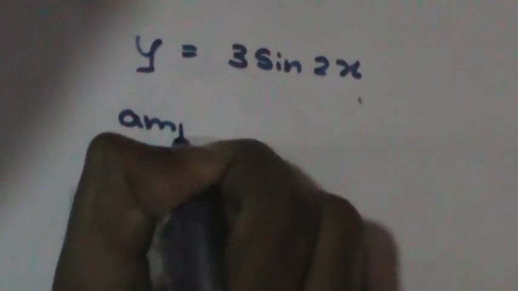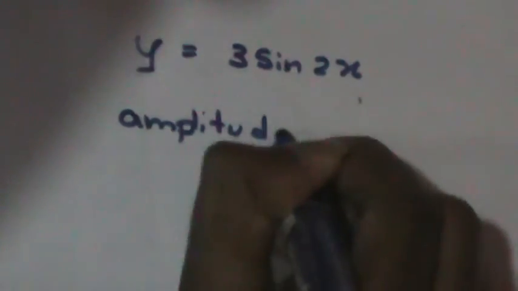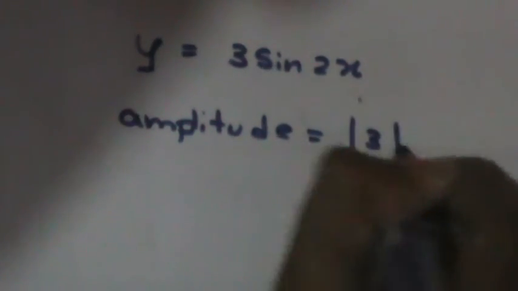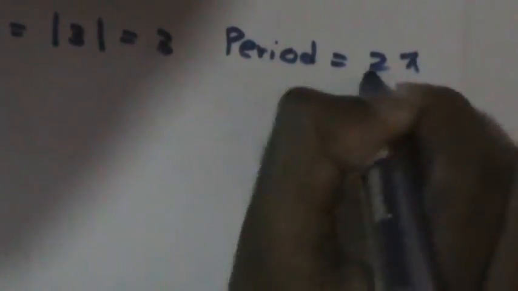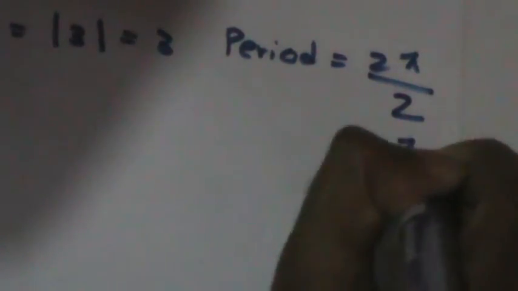So simply, y equals 3 times sin 2x. The amplitude is equal to absolute 3, which is 3. And the period is equal to 2 pi by b, where b is equal to 2. So the period is pi, which means it takes only 180 degrees.